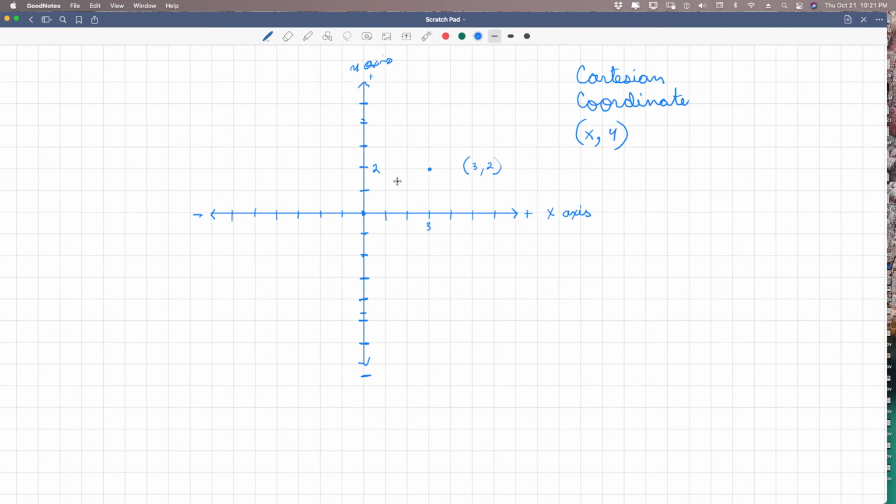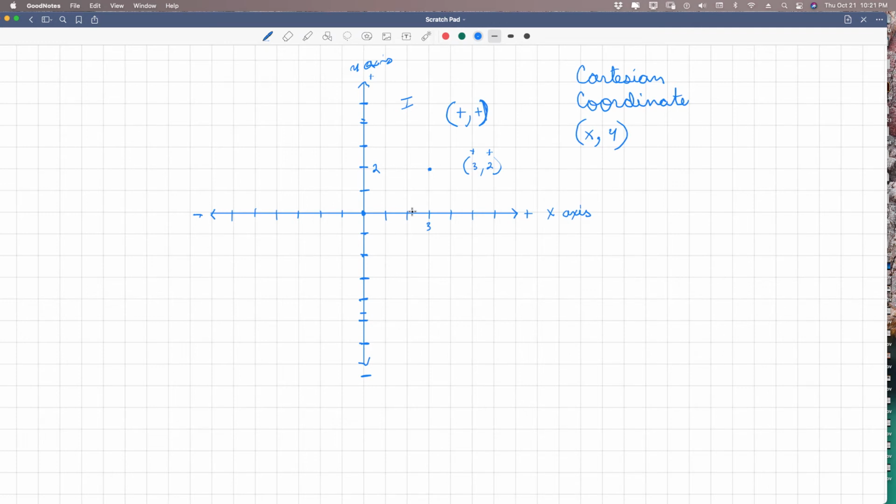All right. Something else to note is that quadrant 1 is always a positive x and a positive y. This side has positive and positive. So our coordinates here are positive, positive. Always.